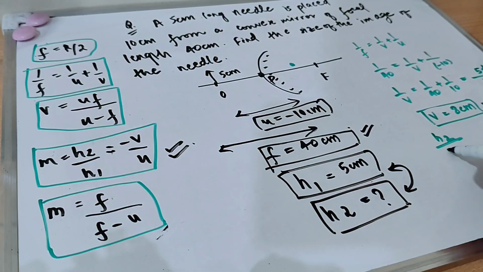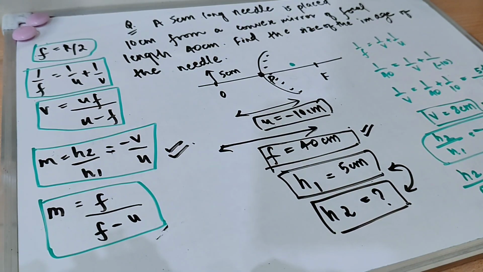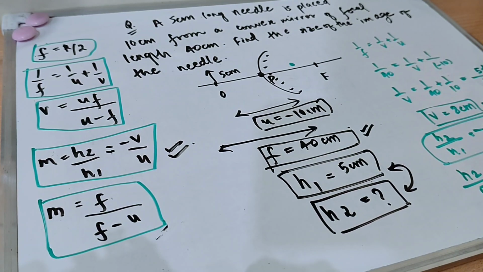So h2 upon h1 is equal to minus v by u. h2 is what I have to find out. h1 is what I know, 5 centimeter, minus times v, which we just calculated, 8, upon u, which is given as minus 10. So minus minus is going to get cancelled.